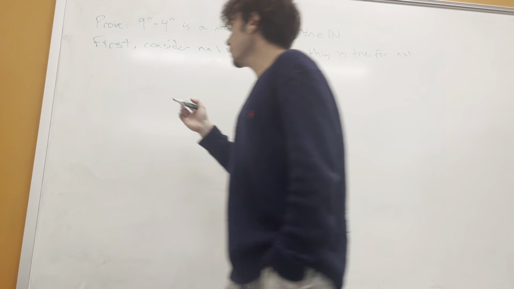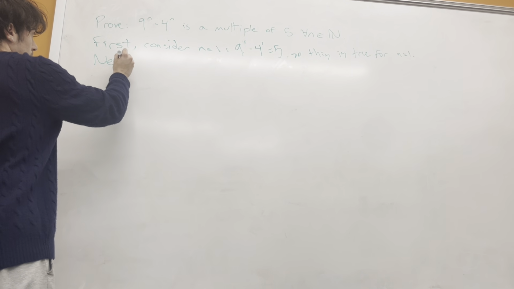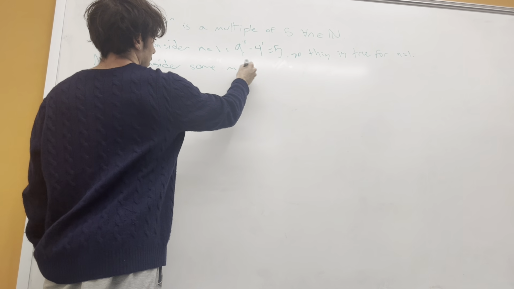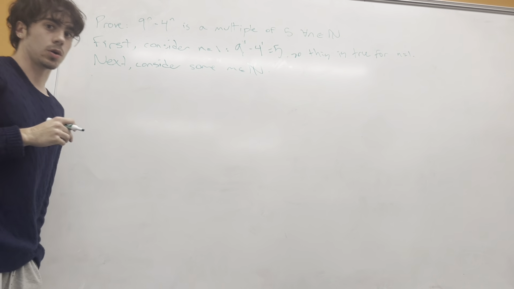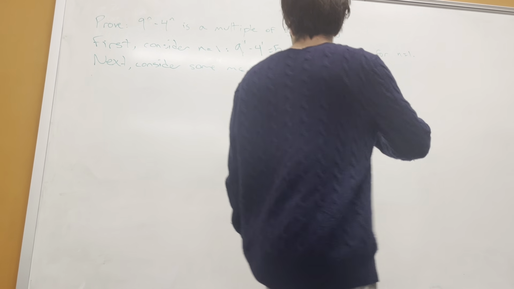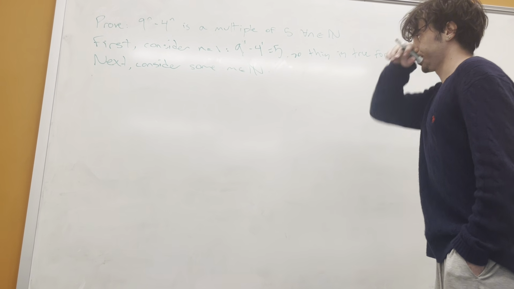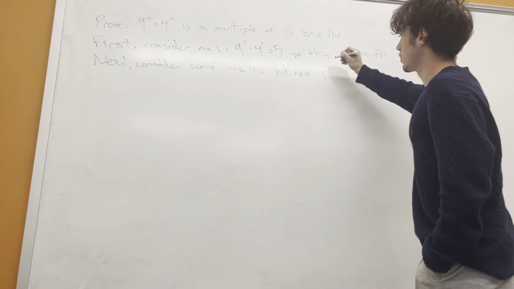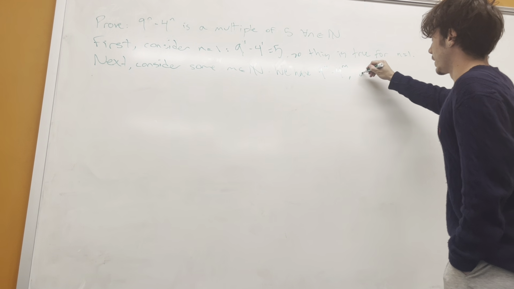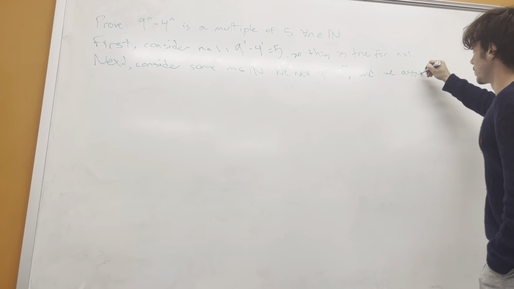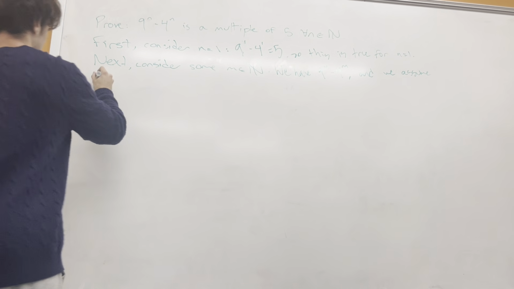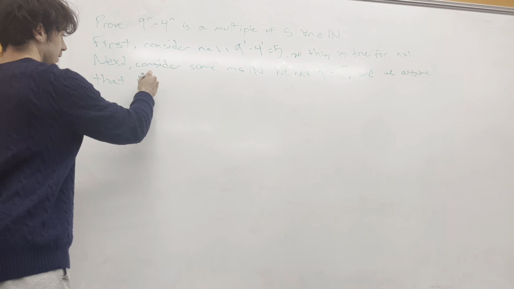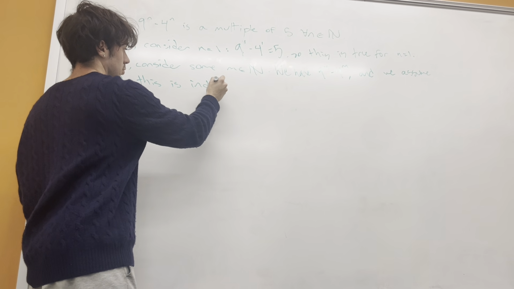Now, next, consider some m in the natural numbers. So this is some arbitrary non-negative integer, natural number, and we have 9^m minus 4^m, and we assume that this is true, that our proposition is true for this. So we assume that this is indeed a multiple of 5.